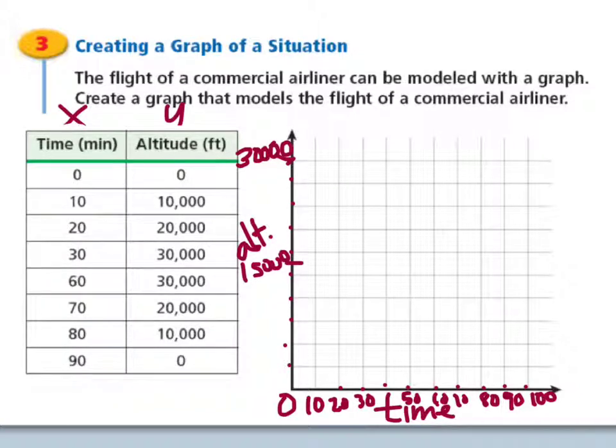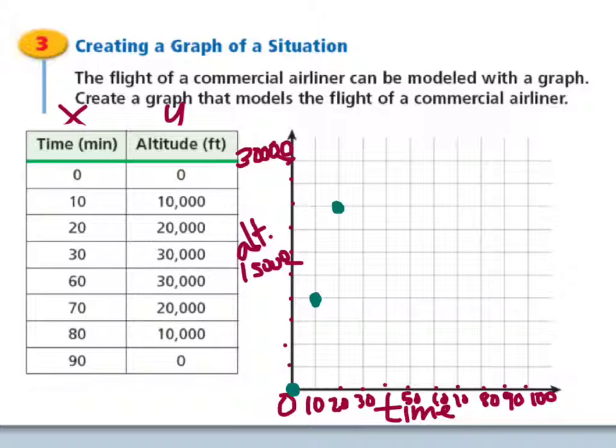I'm going to change my color. Okay, so at time 0, the altitude is 0. At time 10, we're at 10,000 feet. So 10,000 feet is going to be about right there. At 20, we're going to be at about 20,000 feet.